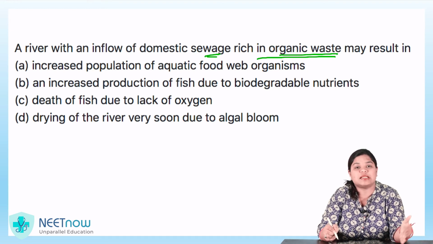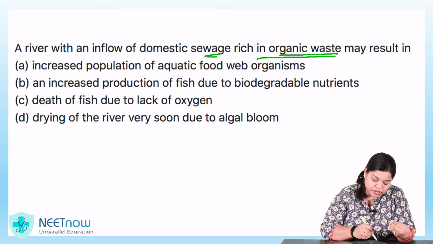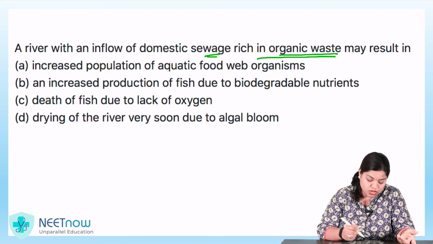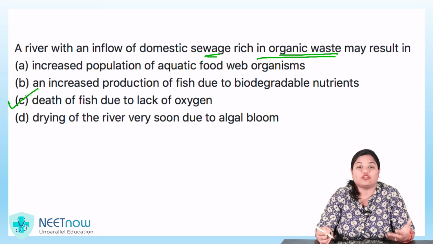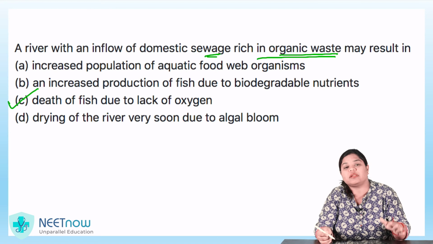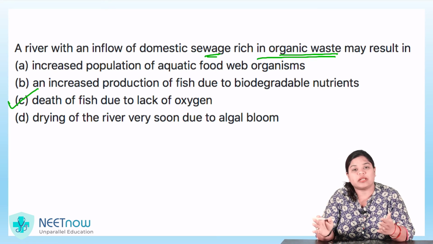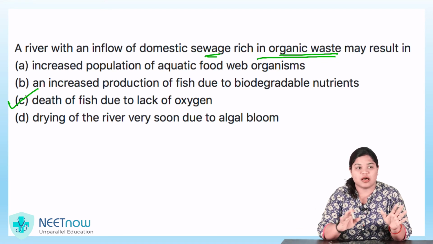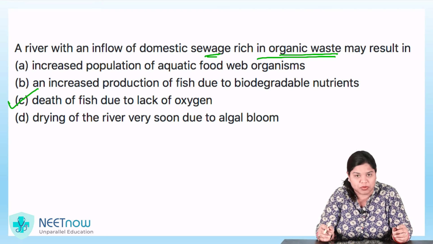It will become less and less as the organic matter increases. So, is it an increased production of fish due to biodegradable nutrients? No. Death of fish due to lack of oxygen, or drying of the river very soon due to algal bloom. Again, death of fish due to lack of oxygen. The moment organic matter rises in any water body, the aquatic organism population will decline. The relationship is very simple and easy to understand. You just have to remember it.